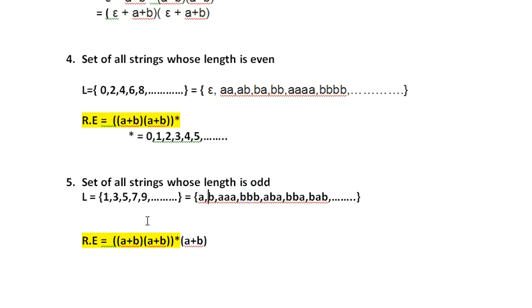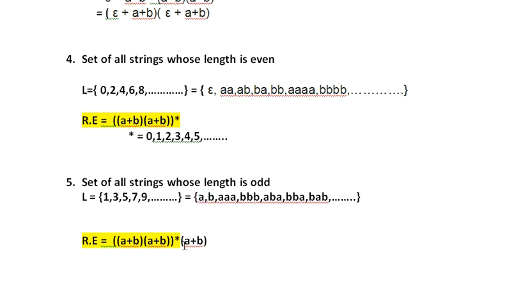So basically what I need, if I take length equal to 3, then it will be easy for me. How to do it? First of all, I need to find this one: single a and single b, that means a+b I want in terms of regular expression.